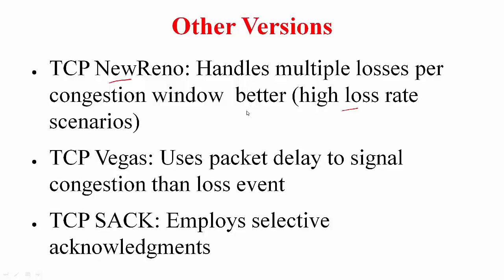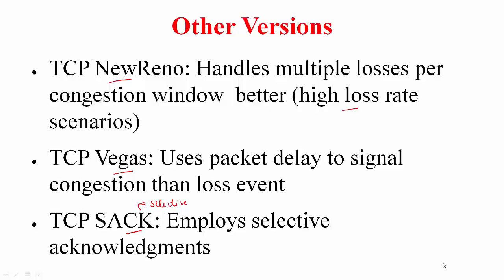Not just this version, there are many versions of TCP. Another is called TCP Vegas, where you're using the packet delay to signal congestion rather than these duplicate ACKs or timeout intervals. Then there is TCP selective acknowledgements. We have seen selective acknowledgements as part of the sliding window protocol earlier. So here you're specifically conveying where all the holes are as part of the receive window.